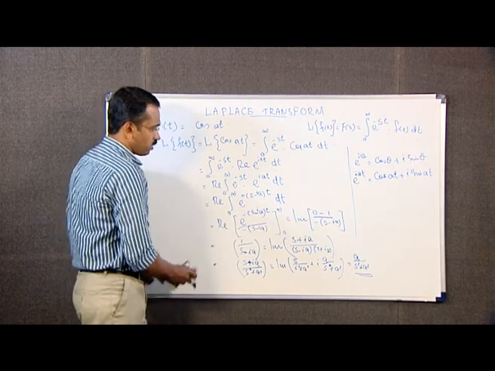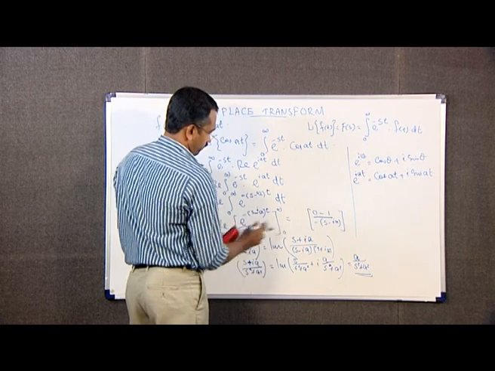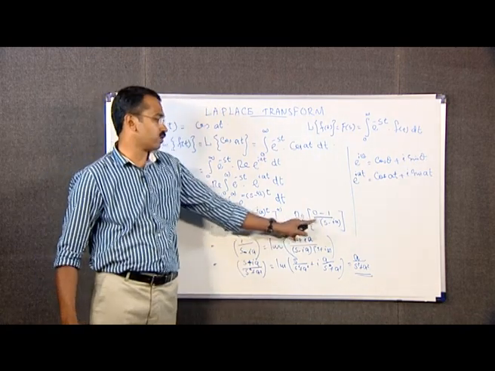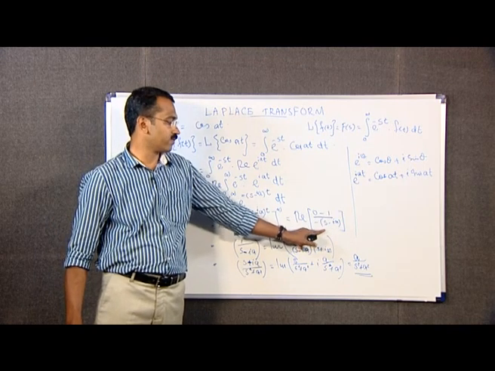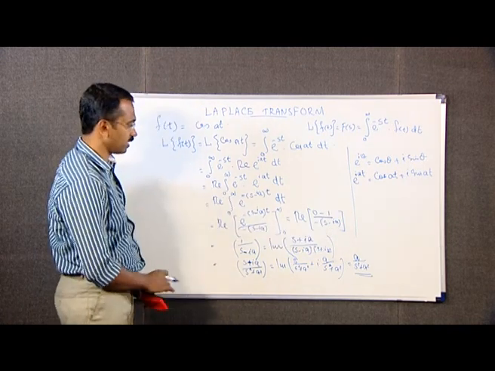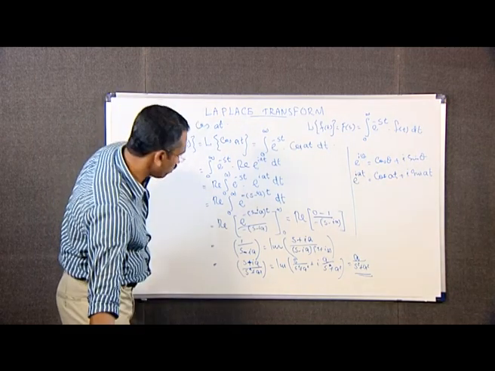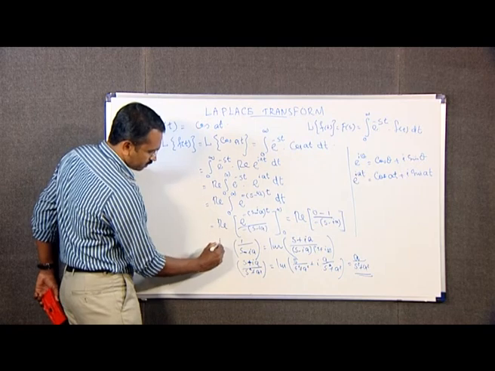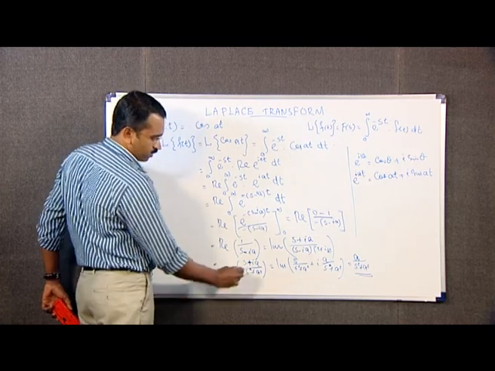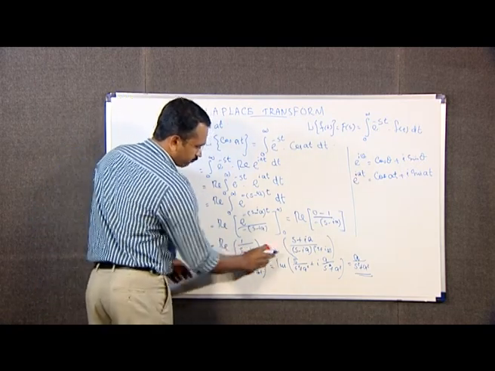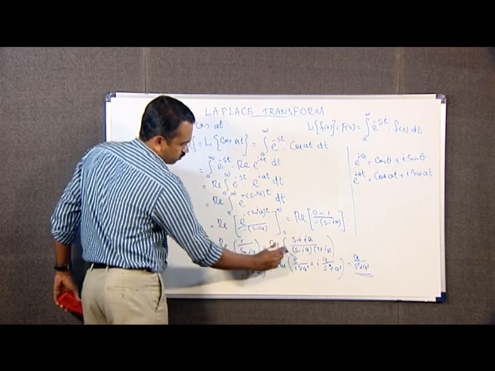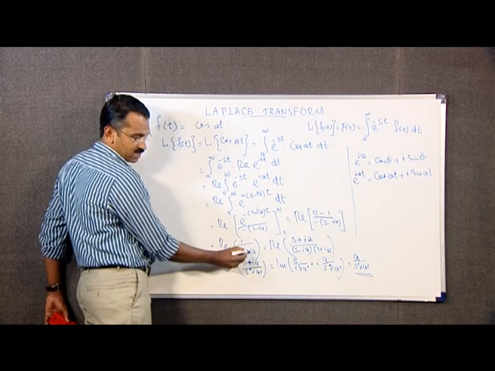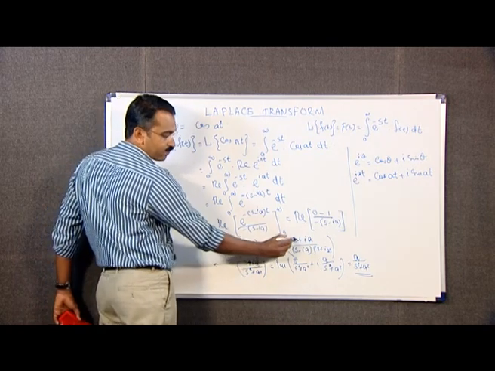which is equal to, on applying the limits, real part of (0 minus 1) divided by negative of (s minus i a), which is equal to real part of 1 by (s minus i a). That is equal to real part of, we multiply both numerator and denominator by the conjugate of s minus i a, that is s plus i a.